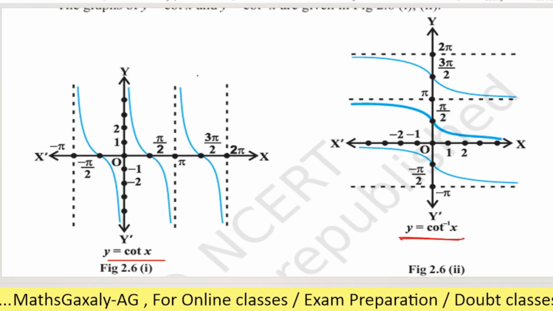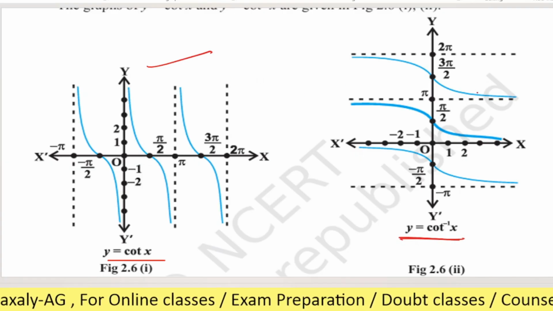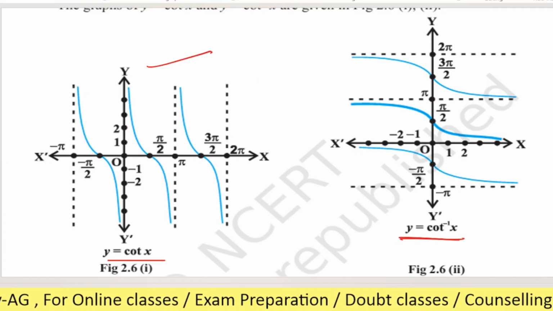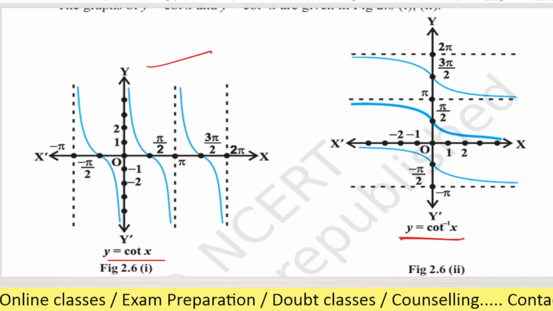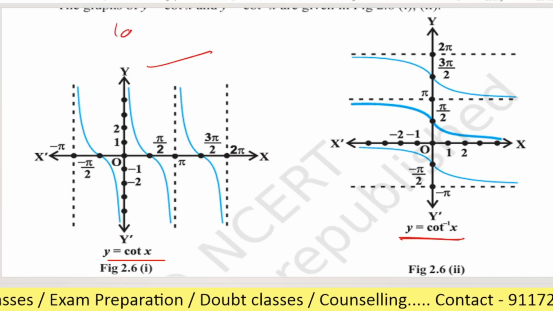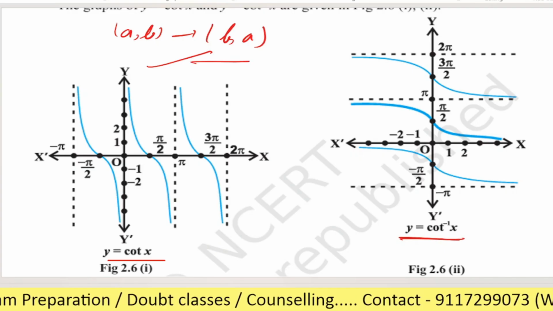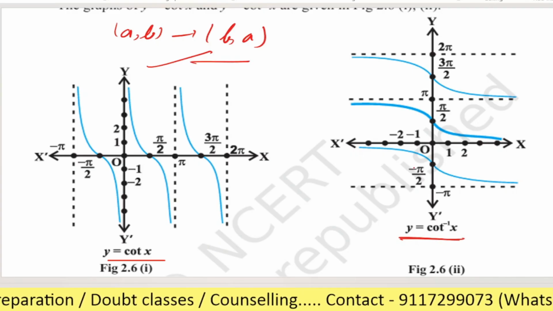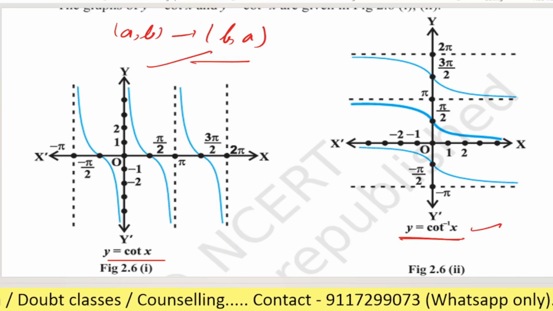You have already learnt this graph in 11th class, and when we change the domain and range, meaning the coordinates change from (a, b) to (b, a), then we get the graph for y equal to cot inverse x. Is it clear or any doubt?